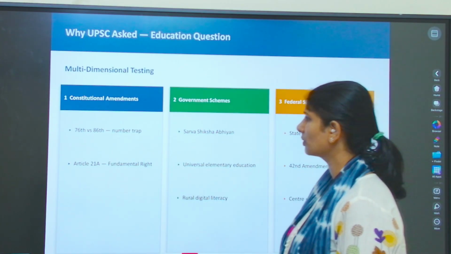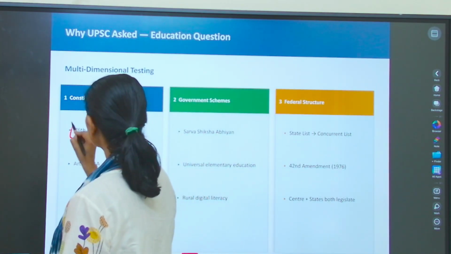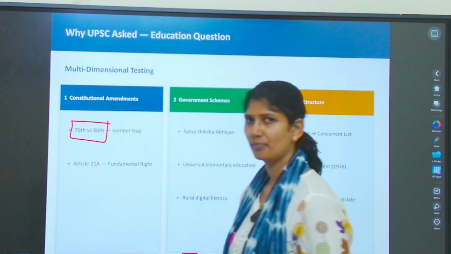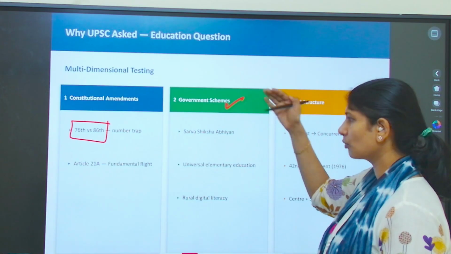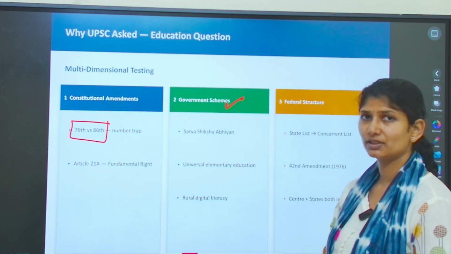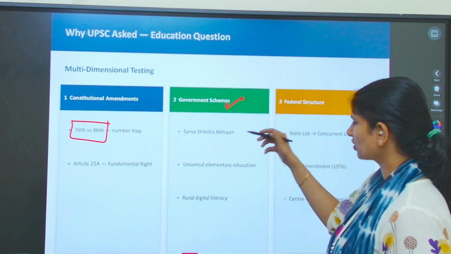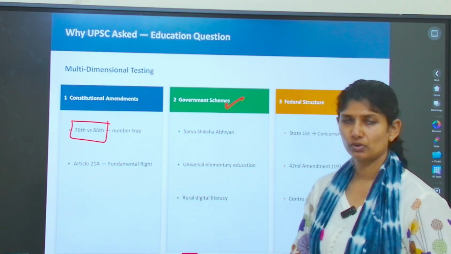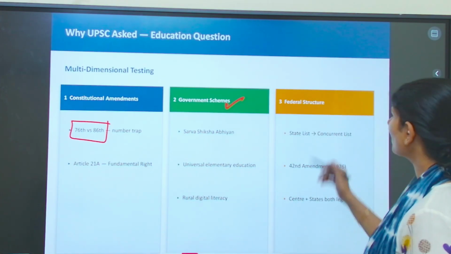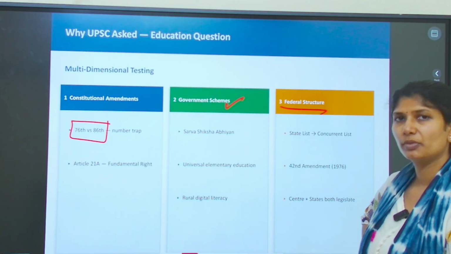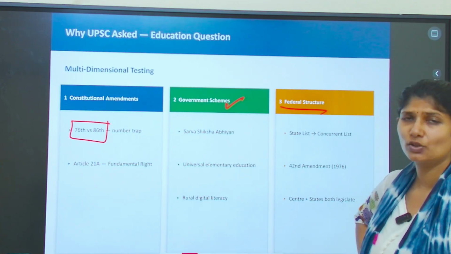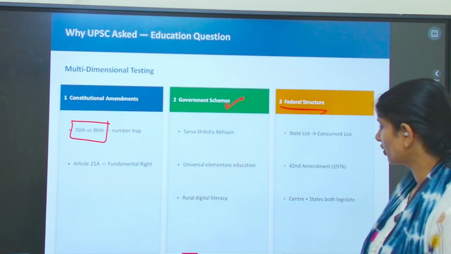What is it? Which means first you are trying to set a trap through your amendment. Second, you are trying to align a government scheme also in that statement, bringing your governance with polity: Sarva Shiksha Abhiyan, universal elementary education, rural digital literacy. And last, in the third statement you are also asking about federal structure, between your center and state's ability to legislate on a common topic.